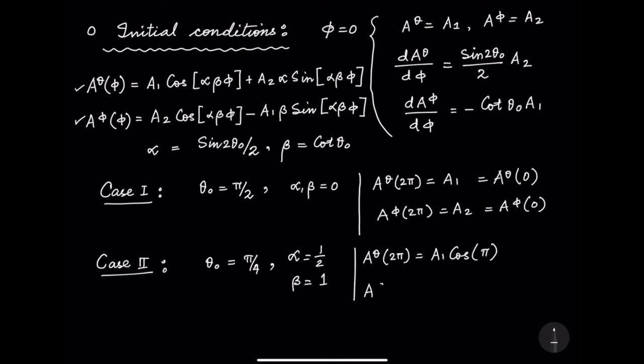What about a phi? A phi is a2 cos pi. Cos pi is minus 1, so this is minus a1 and this is minus a2. Wow, both the components have changed and it's just reversed in sign as your theta naught changes.